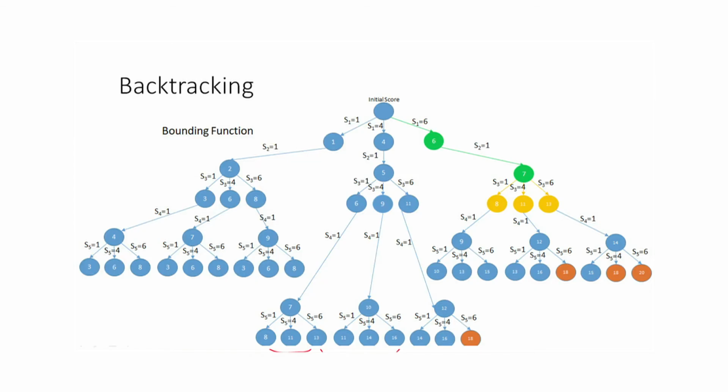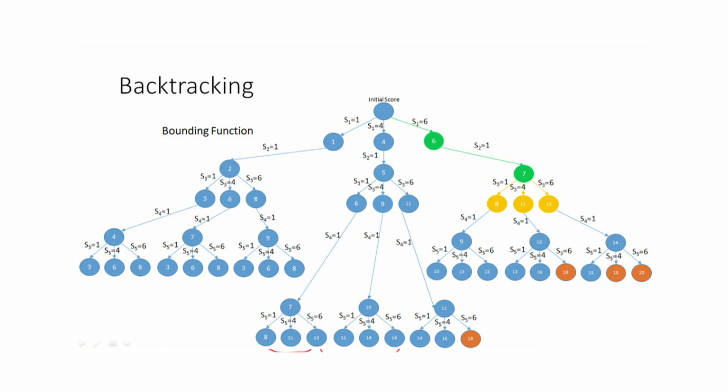So let's consider this partial path S1 and S2. Let's suppose I here is equal to 2. The choices that are available for Si plus 1 are 1, 4 and 6. S1 and S2 is the current path that we have already explored.